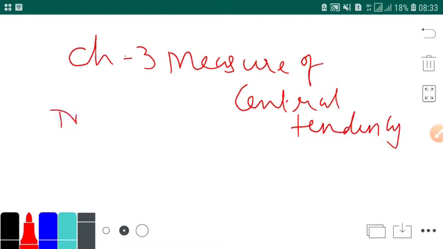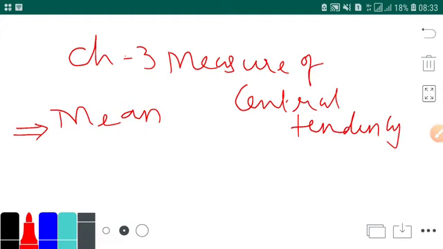You have done a topic of mean. This mean you have done in 3 stages: when the data is given, when the frequency is given, and when classes and frequency are given.